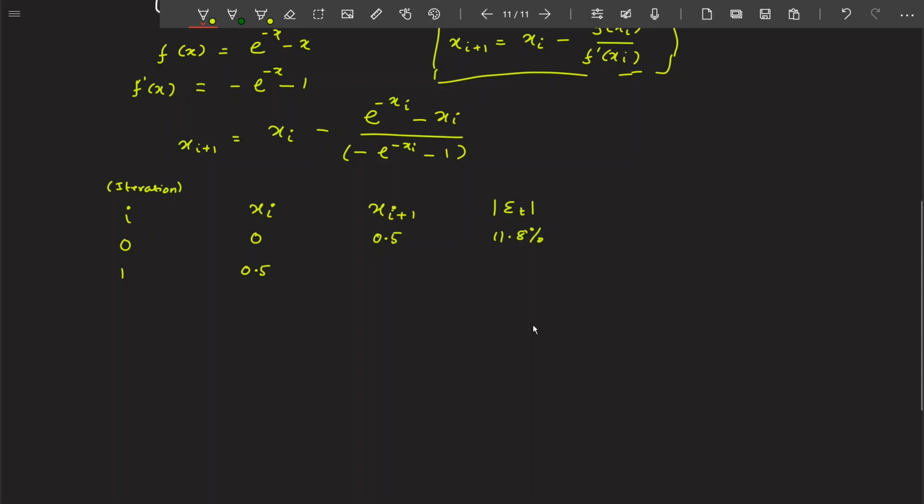So once you do that, you'll find out the value of xi that you're getting is 0.566311. Okay, and the percentage error is 0.14%, which is good, but we are dealing with 2%, so it's always better to get it very close to 0. So we'll go to the next iteration.